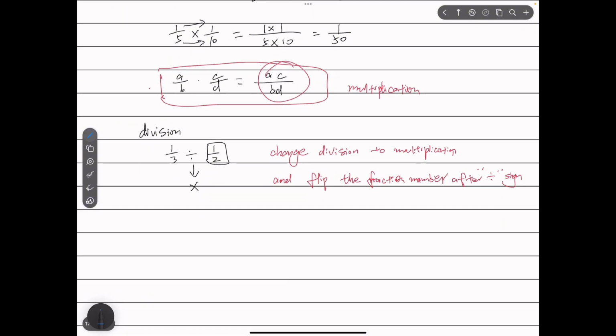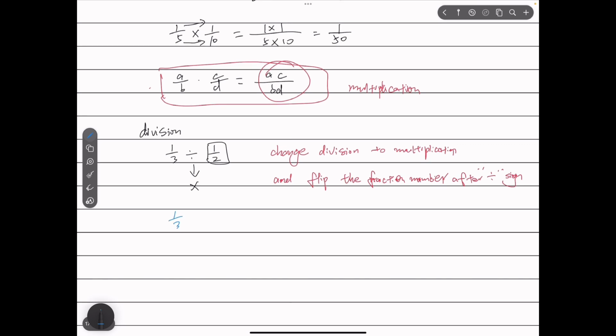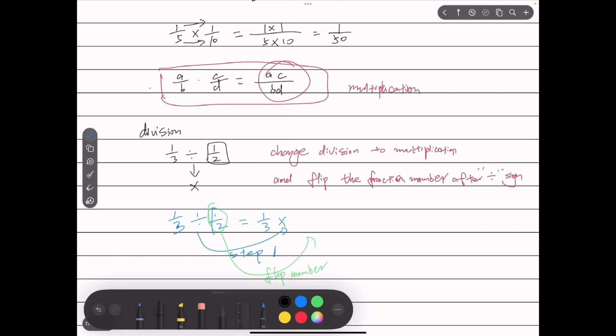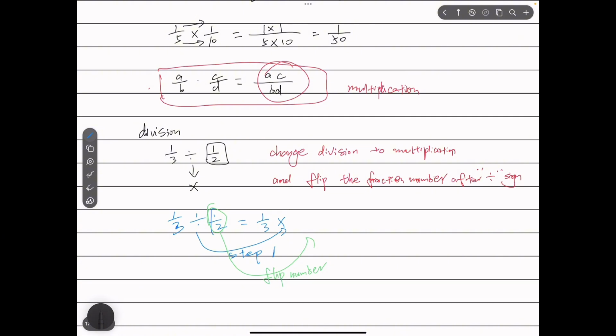So for this one, that's just 1 over 3 divided by 1 over 2. Step 1, let's change the sign first, change that to multiplication. Step 2, we need to flip this number. If we flip it, that means the denominator goes to the numerator and the numerator goes to the denominator.